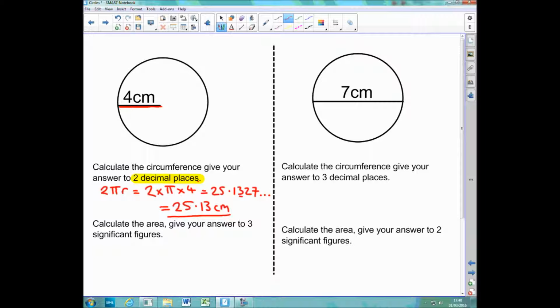Okay, the second question is asking you to give the area, and this time it's asking you to give your answer to 3 significant figures. So the formula for area is pi r squared. Now remember that squared means times by the radius and twice. So we're timesing by the radius and timesing by the radius.